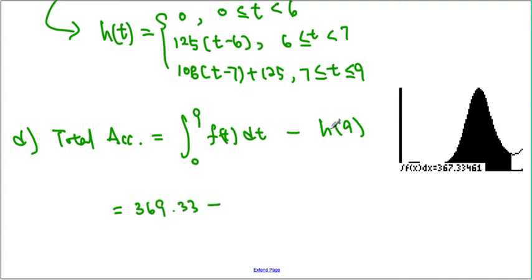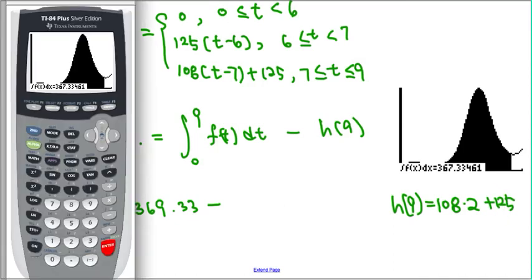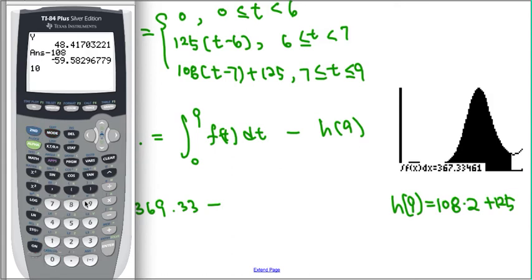Minus h of 9, which is simply, once you plug in 9 in place of t, 108 times 2 plus 125.